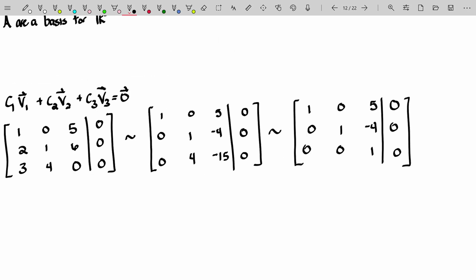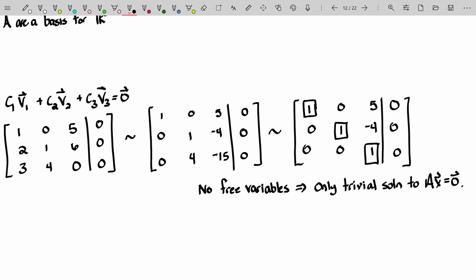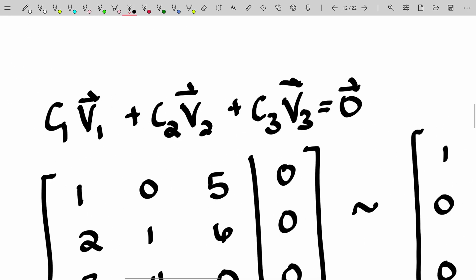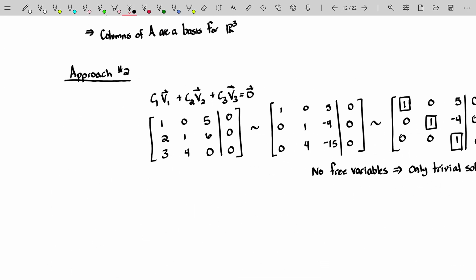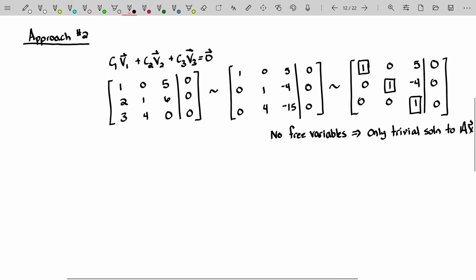Notice our resulting augmented matrix has a pivot in each column. Therefore, there are no free variables, which implies the homogeneous equation AX equals 0 only has a trivial solution, which means that this vector equation only has a trivial solution, which means the columns are linearly independent.